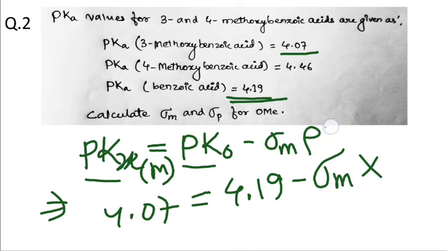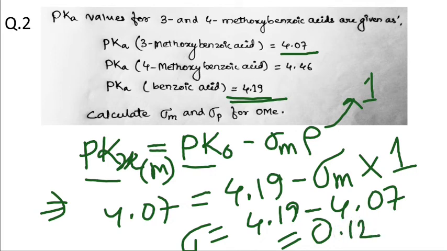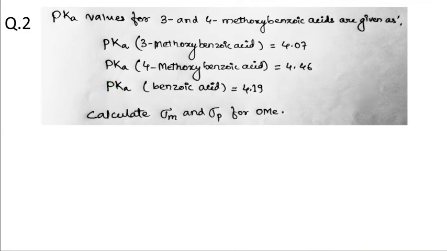I have told you for benzoic acid rho is always taken as 1, so it will be 1. Sigma is then equal to 4.19 minus 4.07, whose value is 0.12. So for sigma m we get 0.12.